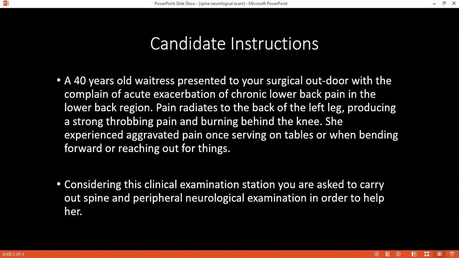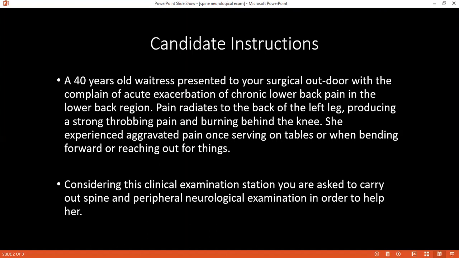So what are your differential diagnoses for this lady? From the examination, my differential diagnosis will be left lumbar 5 nerve root involvement due to disc prolapse probably, and I'll also consider spinal canal stenosis, diabetic neuropathy, vitamin B12 deficiency, which could lead to subacute combined degeneration of the cord.